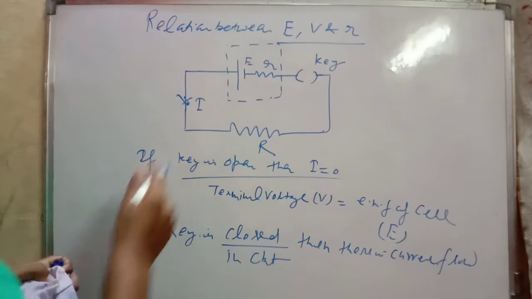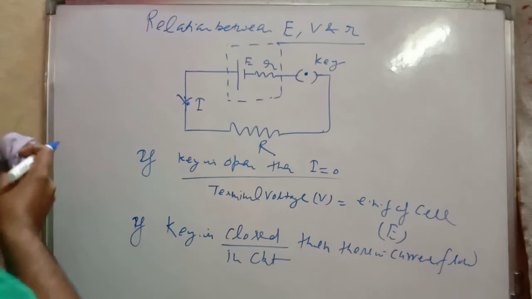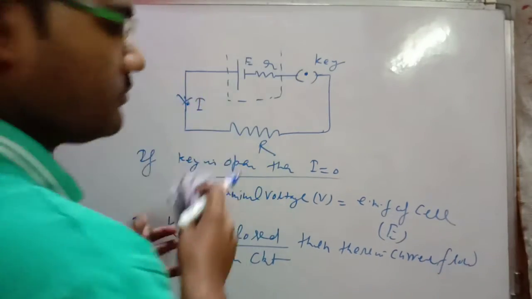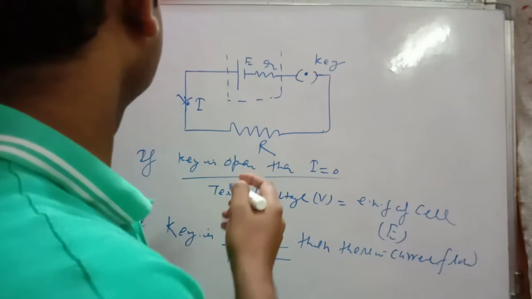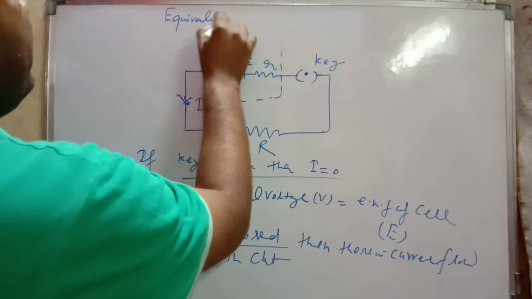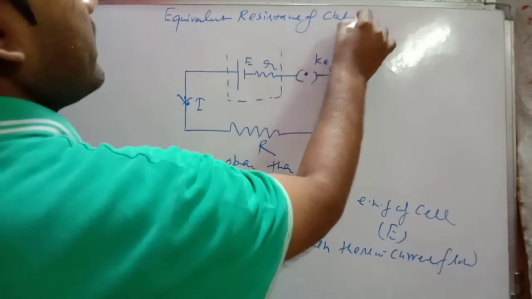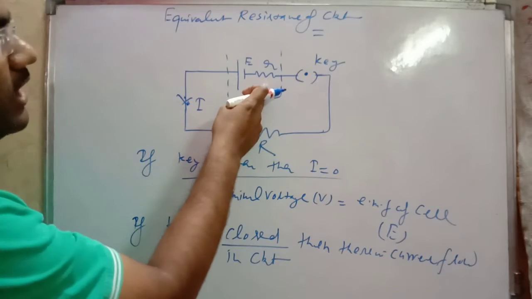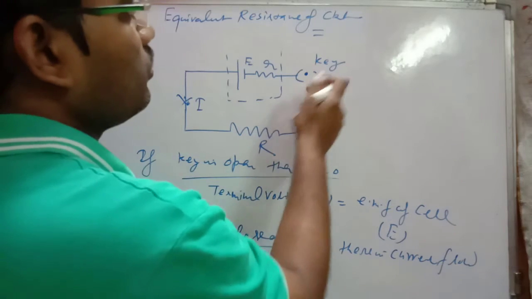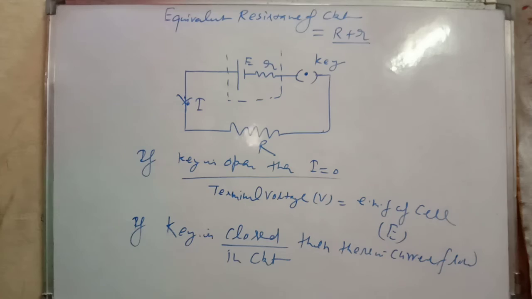Let I be the current in the circuit when the key is closed. The equivalent resistance of the circuit: small r and capital R are both in series when K is closed. Then it is capital R plus small r. This one is the total resistance of the circuit.